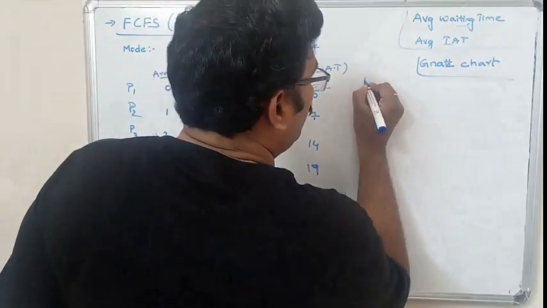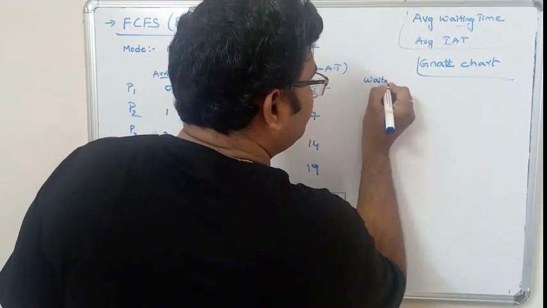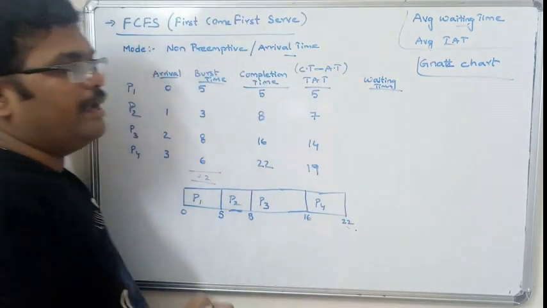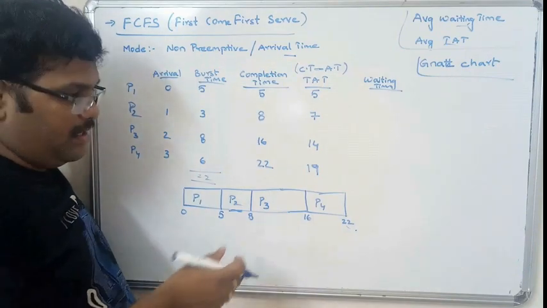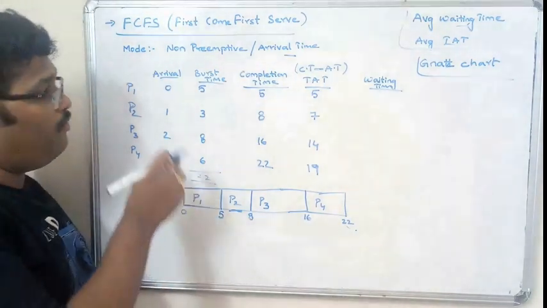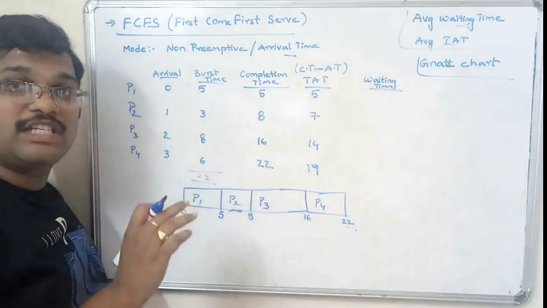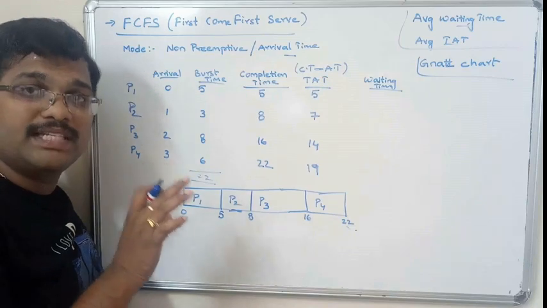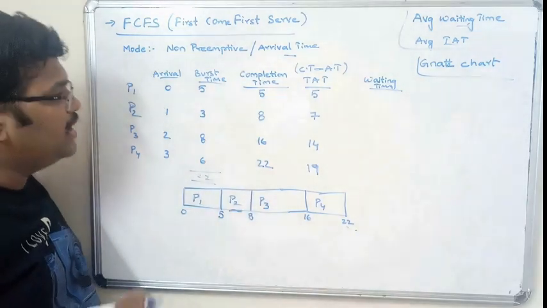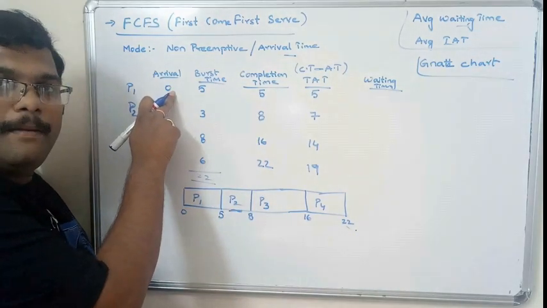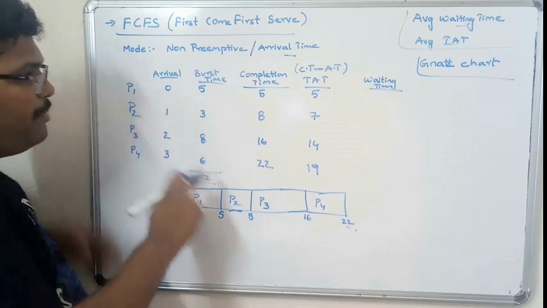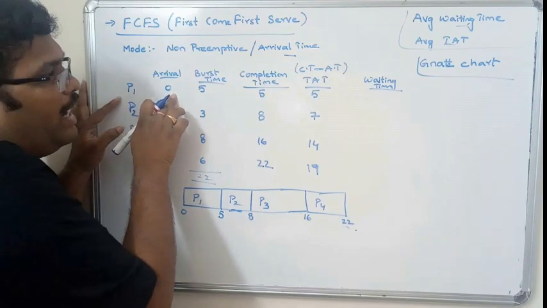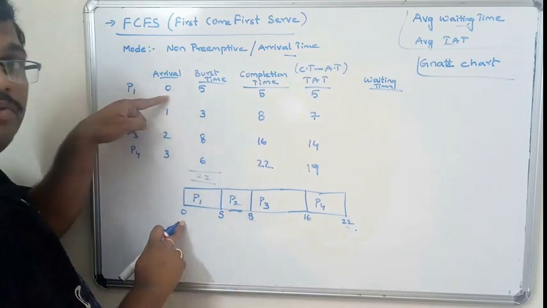Next, waiting time. So how much time has it waited? Waiting time means how much time the process waits to get the CPU, right? So coming to P1, it arrived at 0 and the CPU is allocated at 0.